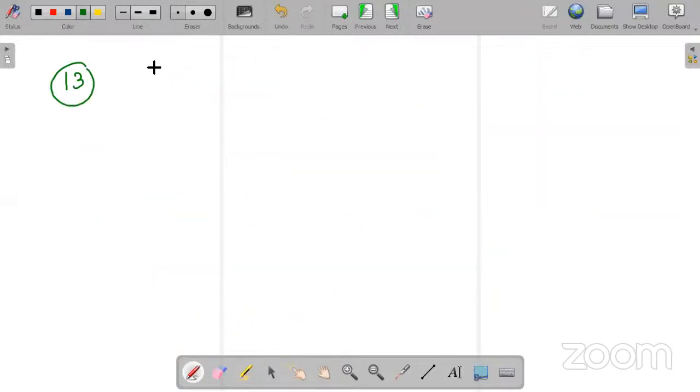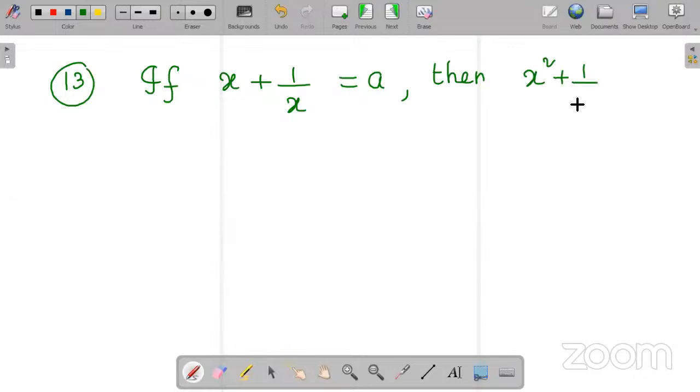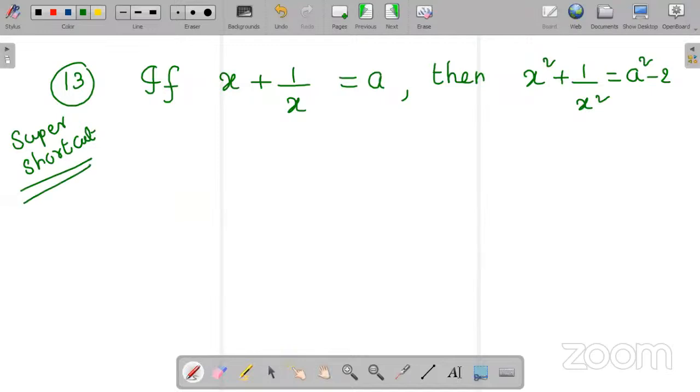If x plus 1 by x is equal to something a, then x square plus 1 by x square is equal to a square minus 2. This is called the super shortcut. Without paper and pen, you can solve the problems.